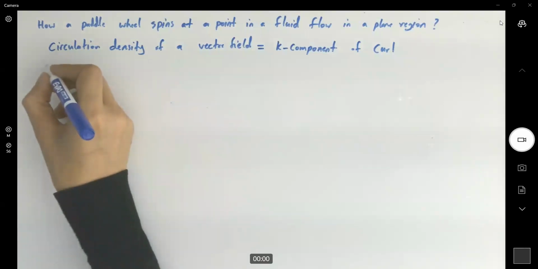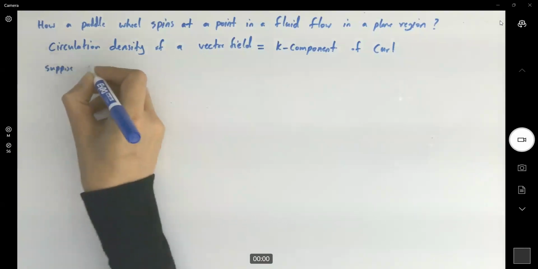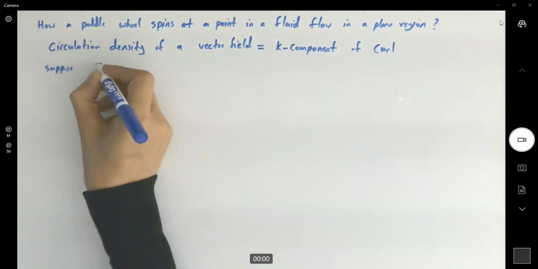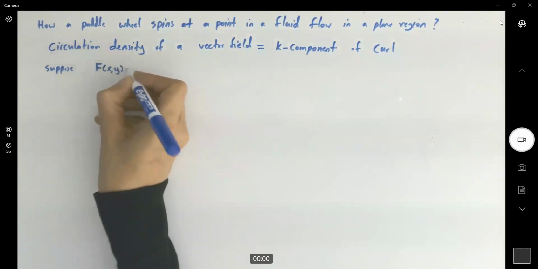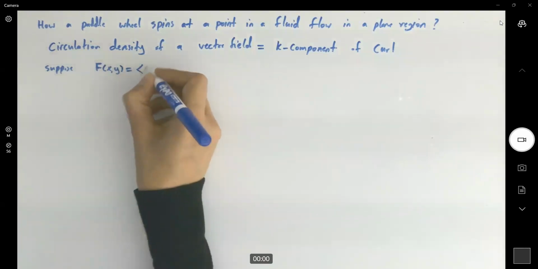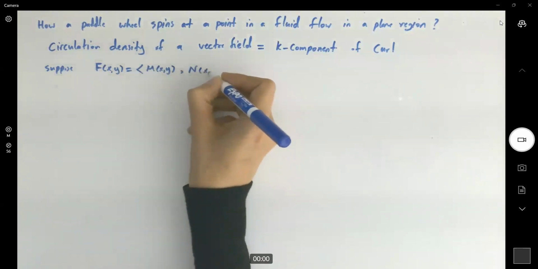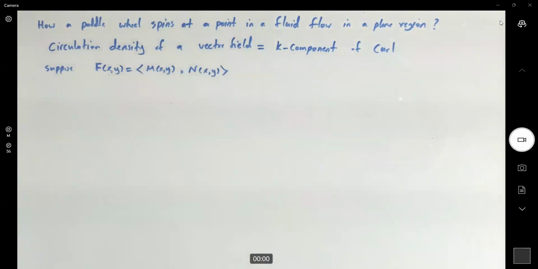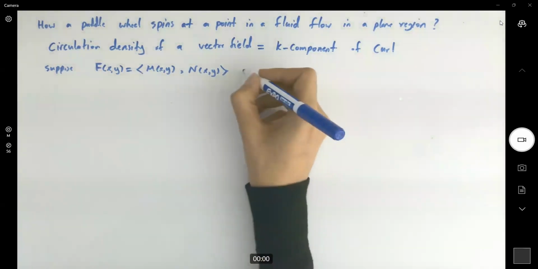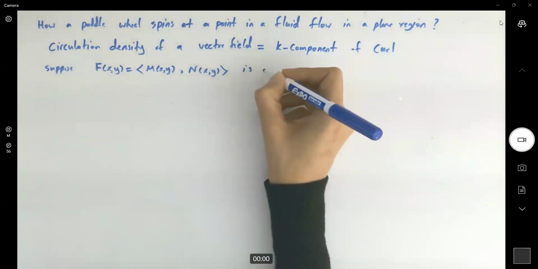As usual, suppose you have a vector field. It has two scalar components. It is a velocity field.